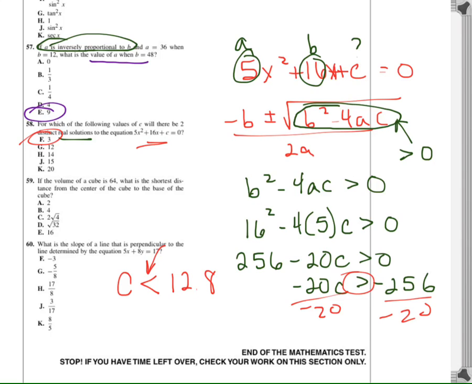I'll pause it and see if I can find out what's wrong, because 12 is also less than 12.8. Well, I can't find a mistake in our math. They have as the answer C, and C is certainly the safest choice. But 12 is less than 12.8 as well, so G ultimately is an answer as well. I think they have a mistake. And that's it. I'll post this, and hopefully it helps.